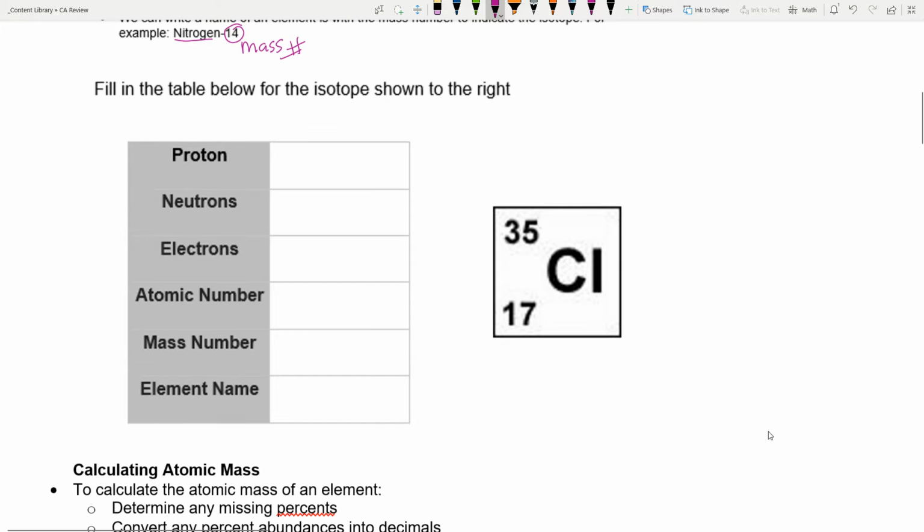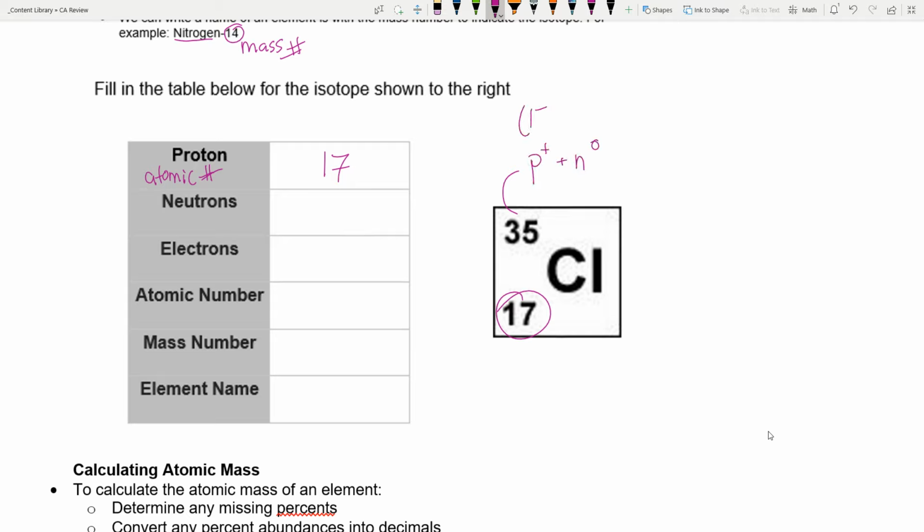So some examples of practice problems. We could give you an element written in isotope form and ask you a bunch of questions about it. Protons will always be the easiest. Protons are the same thing as the atomic number, and we know that the atomic number is the bottom number, so there's 17. Neutrons, we have to figure out based off of the top number here. Remember, the top number is protons plus neutrons.